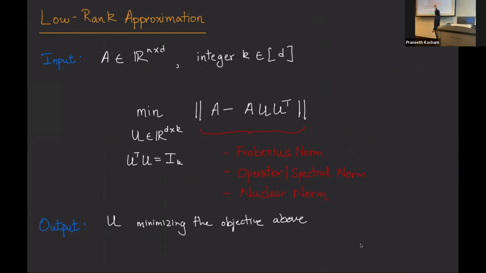And the norms that we care about are like Frobenius norm or operator norm or nuclear norm. So for now, let's just focus on Frobenius norm. This is saying you want to minimize the sum of squares of the entries. Okay. And we'll also be interested in other norms. I'll define them. Maybe you've heard of them, like the operator norm and nuclear norm. And we'll get to their precise definition in a bit.